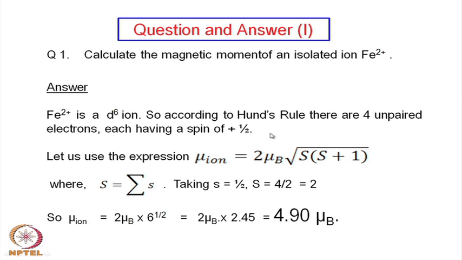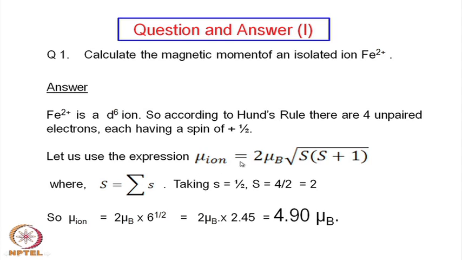So, according to Hund's rule, there are 4 unpaired electrons, each having a spin of plus half, because they are all parallelly oriented. 2 of them out of the 6 are oriented opposite to each other. So, plus and minus cancel, whereas the other 4 are isolated electrons having plus half spin. So, there are 4 unpaired electrons, each of half spin.